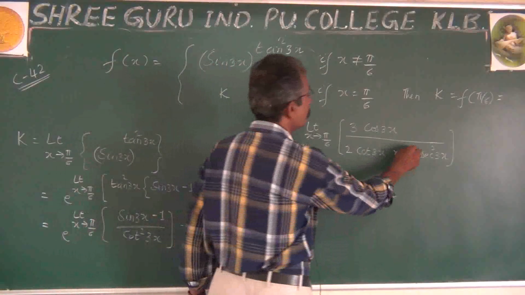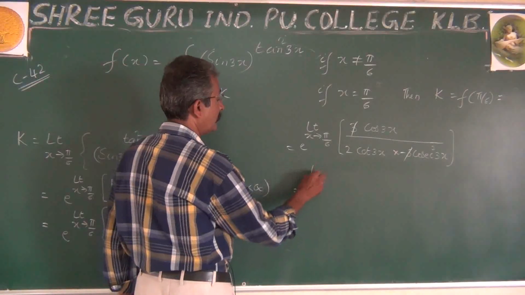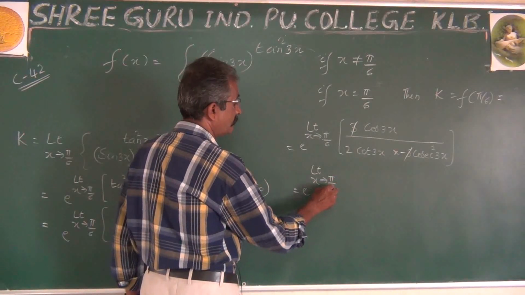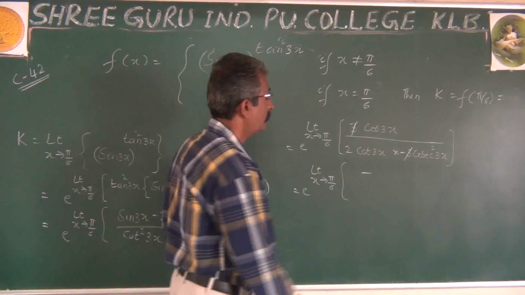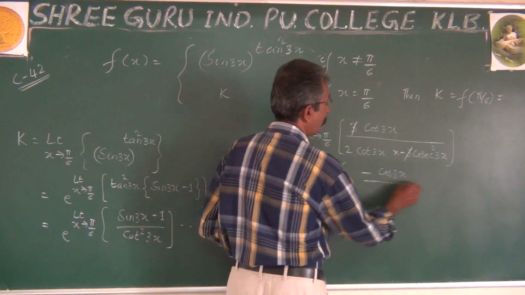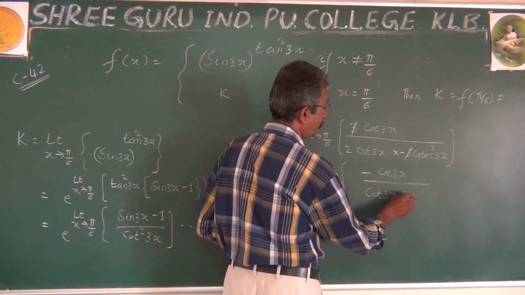In the process, 3 cancels: e raised to limit extending to pi by 6 of bracket minus 3 cancels out, minus cos 3x divided by cot 3x into cosec square 3x.